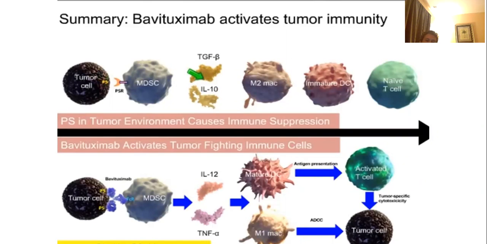So I think we have a clear understanding that we need to change the tumor microenvironment from being a favorable microenvironment to a hostile microenvironment for the tumor, and using these antibody blockades, whether it is CTLA-4 or PD-L1 or PS antibodies, is a good way to do it. It's the future of immuno-oncology, the future of managing cancer, and we need to adapt that in all our cancer management.